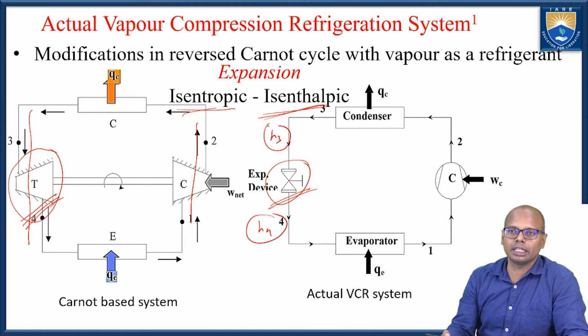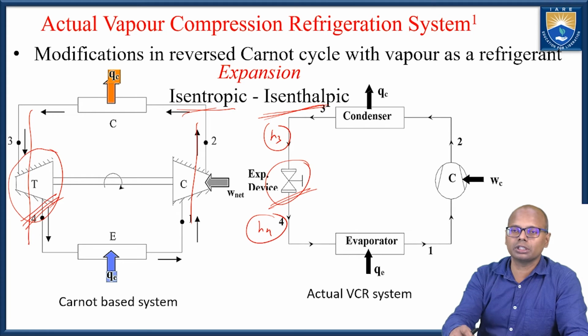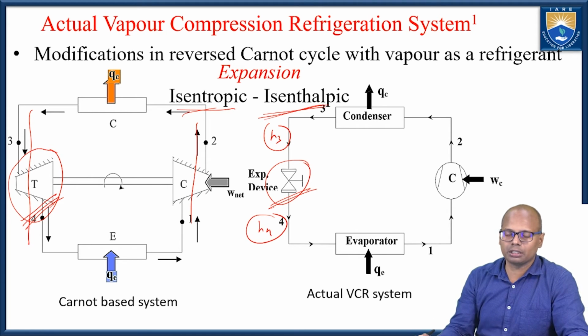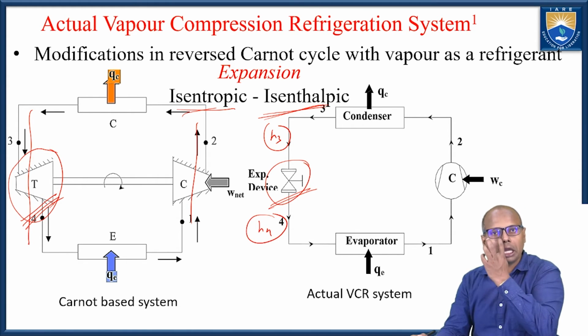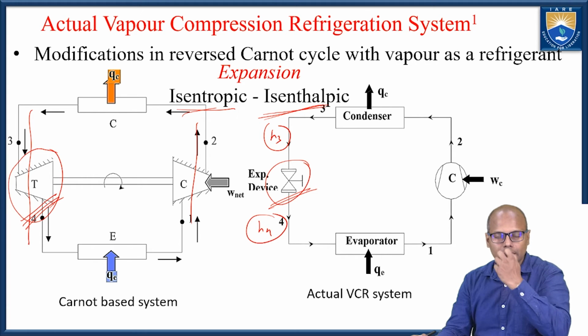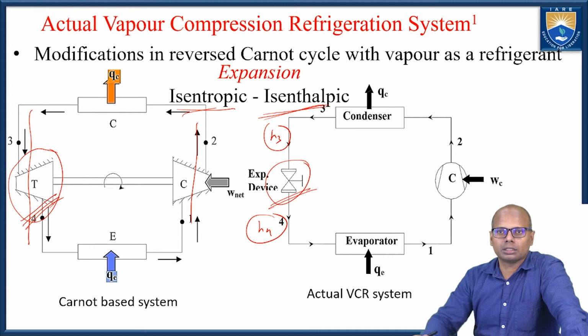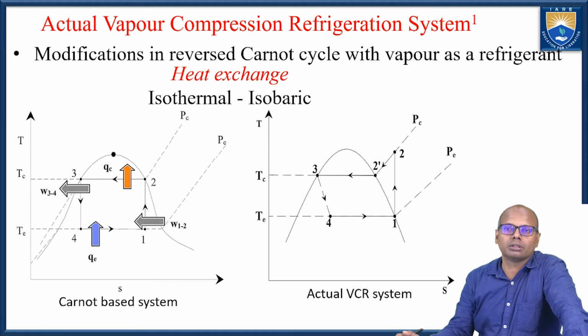Both enthalpies are equal. That's why it is called the isenthalpic process. So this is one deviation of the actual vapor compression refrigeration system from the Carnot cycle. So we will see the other one. So what are the other deviations?